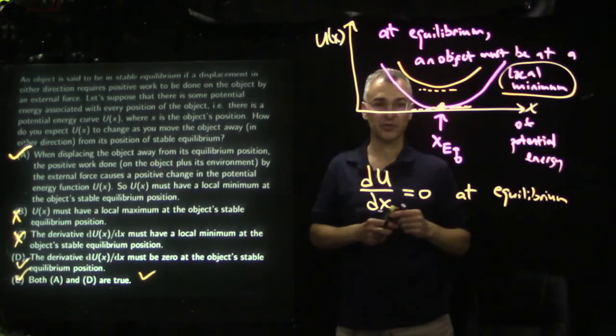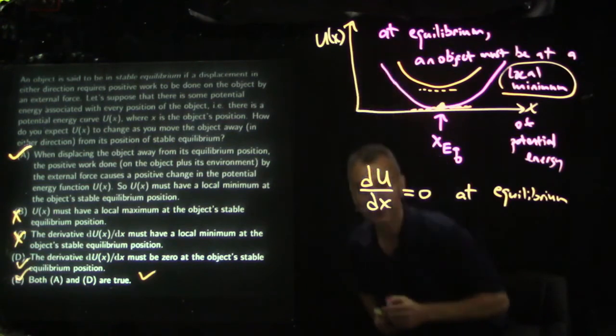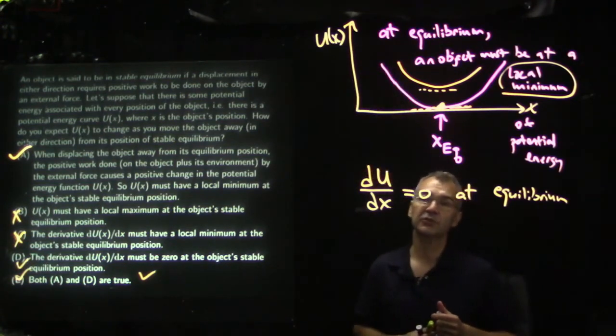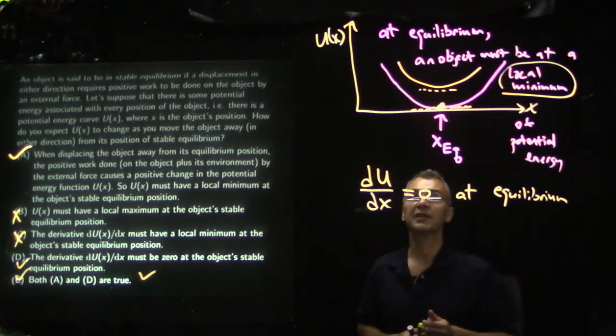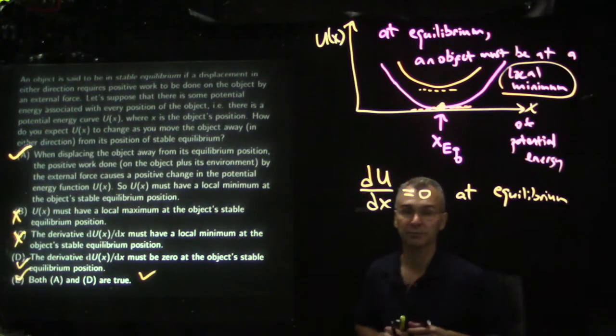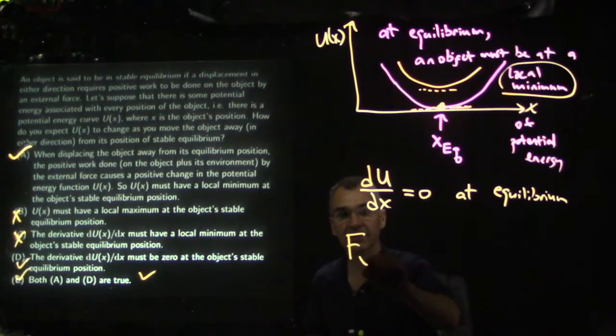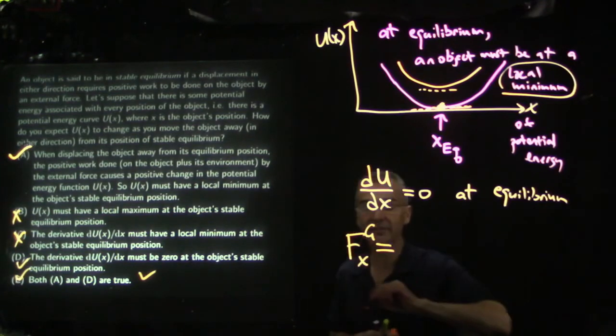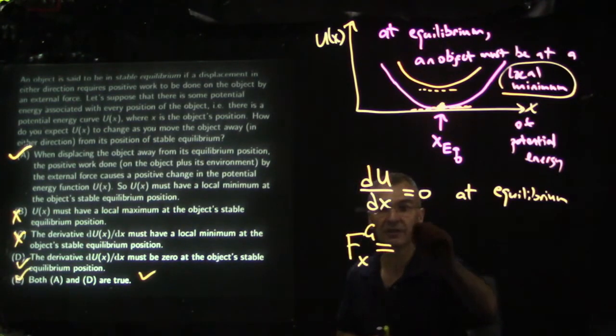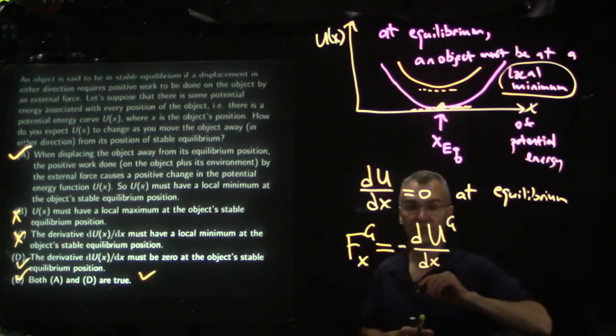This is a little bit of a subtle point, but the derivative of the potential energy function with respect to position must be 0 at equilibrium. And at some point, I think we will see that the force in the x direction, for example, the gravitational force in the x direction, is minus du gravity by dx.